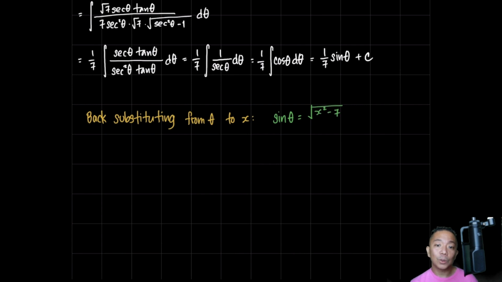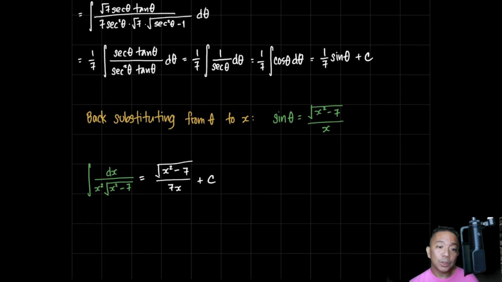Sine theta is equal to square root of x squared minus 7 all over x. And our result will be that the integral, the given, is equal to 1 over 7 times the square root of x squared minus 7 all over x. In this case, we just put the 7 together with the x in the denominator. Of course, our favorite plus our constant of integration. And this is our final answer.